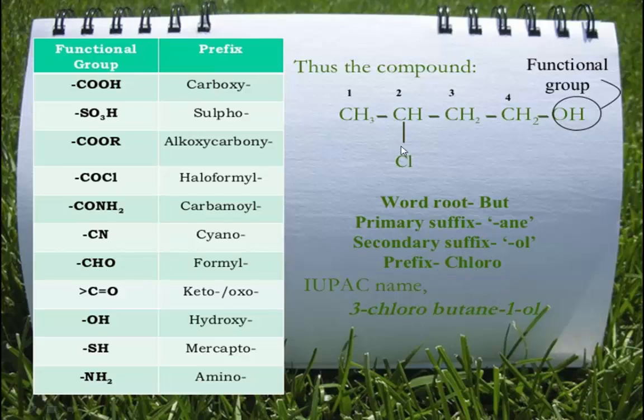And here one substituent group is attached to this carbon atom, that is Cl, meaning chloro. It is one of the prefixes. Therefore, first use the prefix word, that is chloro. Why do I write 3? Because for 1, 2, 3, the third carbon atom contains the Cl group. Therefore, 3-chlorobutan-1-ol is the IUPAC name of the given compound.